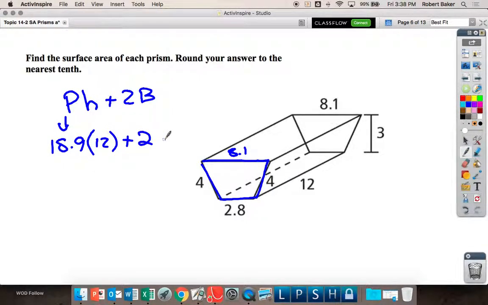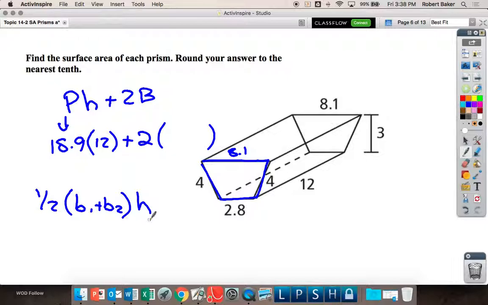Plus 2 bases. Area of the base: half times base 1 plus base 2 times the height, 3. So that little b turns into a big B, no pun intended. That big B turns into that nasty long sentence.